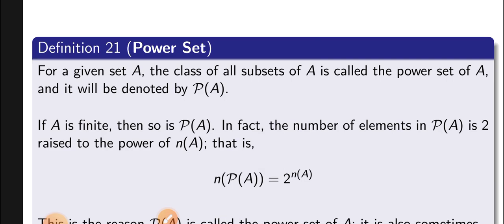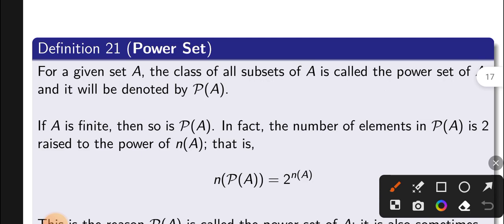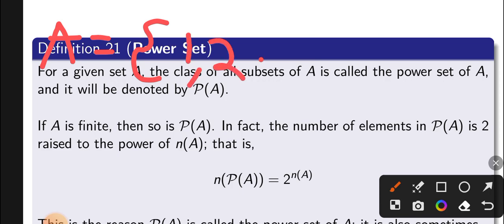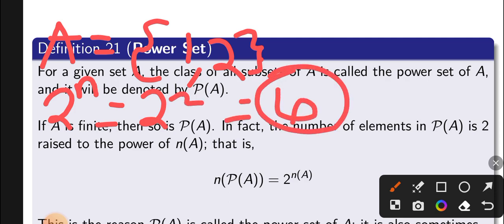So let's say a set A has two elements, and you have been told to find the number of subsets. So you say 2 to the power n, which is 2 to the power 2, which is equal to 4. Now this 4 is the total number of subsets of A.